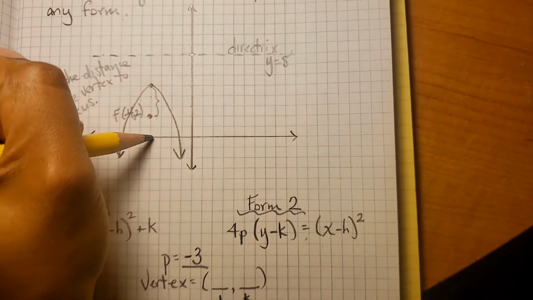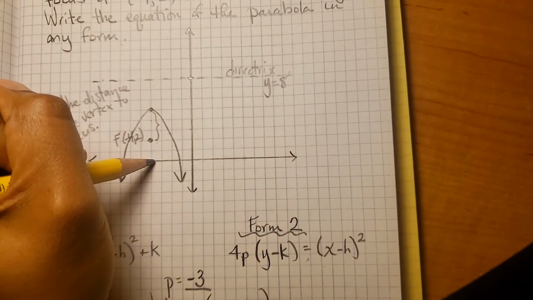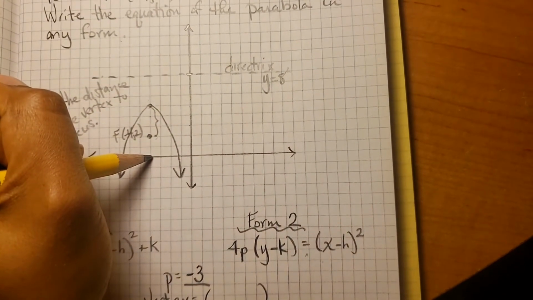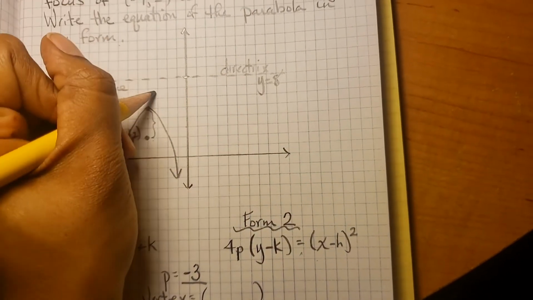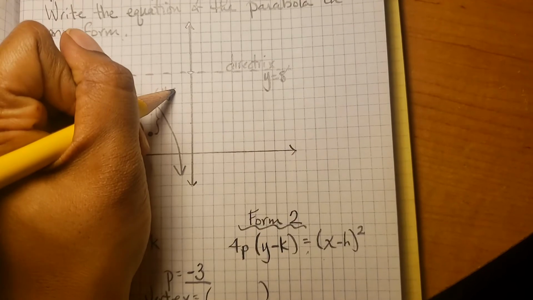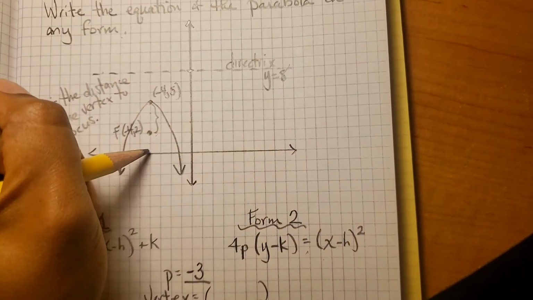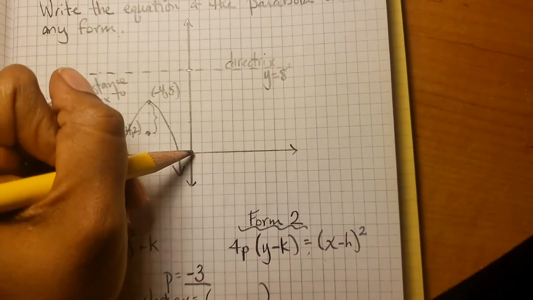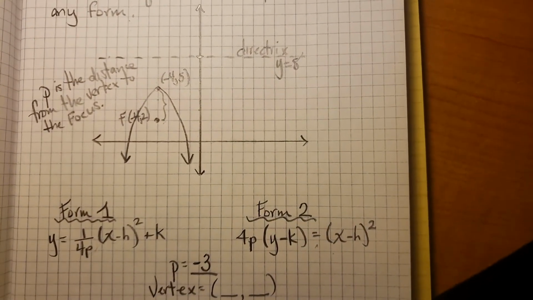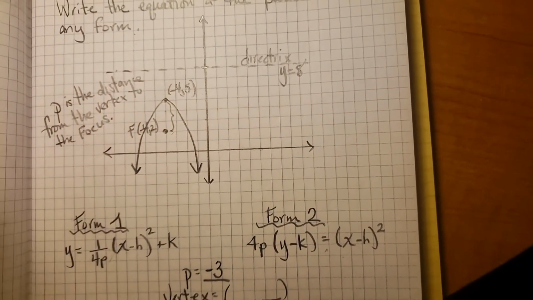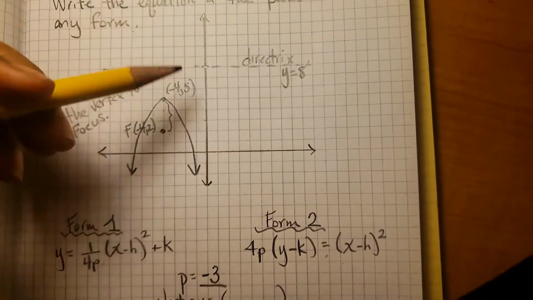1, 2, 3, 4. -4. 1, 2, 3, 4, 5. -4, 5, right? Because I graphed it, it's very easy to just count the units to determine the vertex. There's formula ways, and that's what DeltaMath shows you.